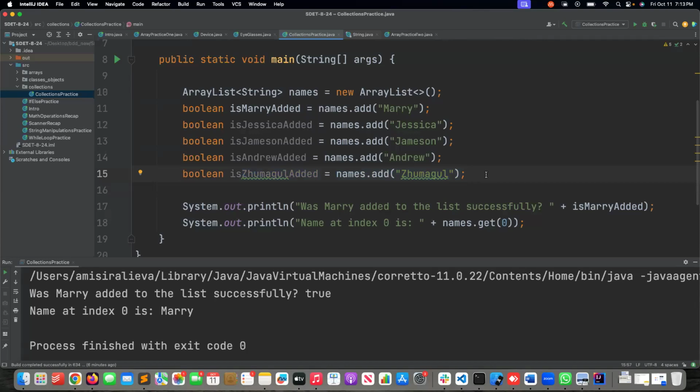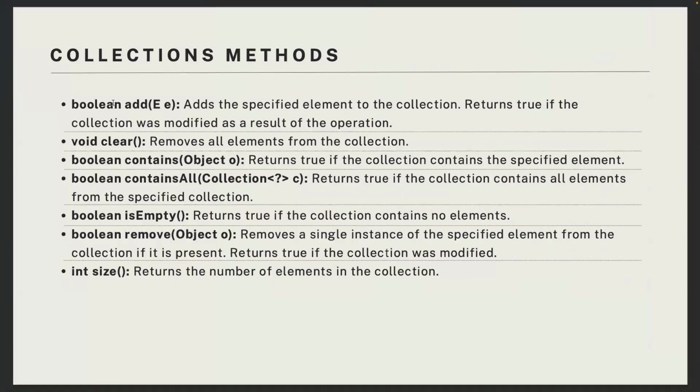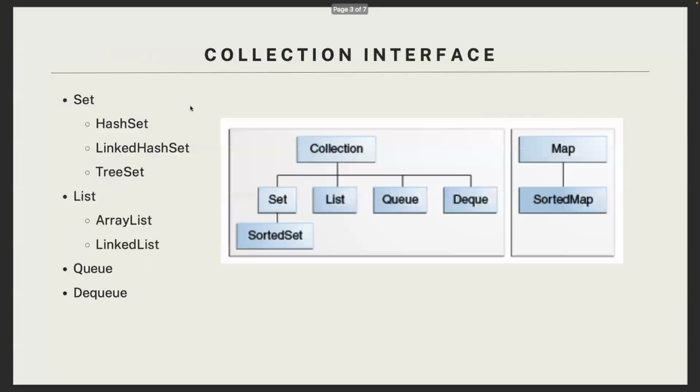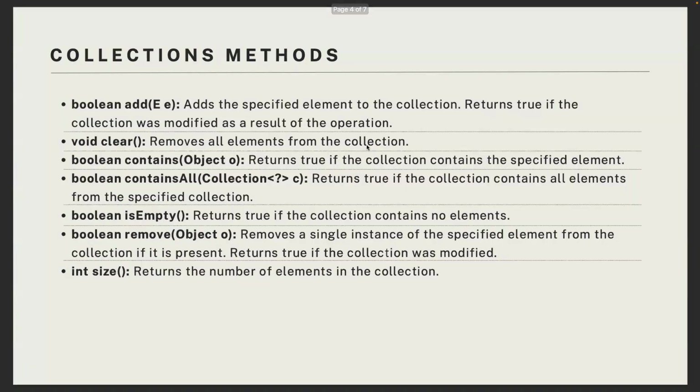Question? Why are we using a boolean next to the A? Because whenever you are adding any element to collections, look: array list is part of list, and list implements the collection interface. Therefore, it has the method add, and this method add adds elements to the collection, right?